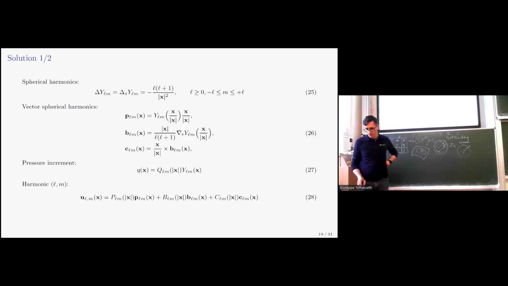If I'm on a sphere, and X is the position vector on the sphere, X divided by the norm of X is the unit normal. And so you can see that this P is essentially a field orthogonal to the surface, so it's used to represent the normal component of the displacement. In addition, you can define the vector B and the vector C. The vector field B is defined by taking the superficial gradient of Y, which means that B is a tangential field.